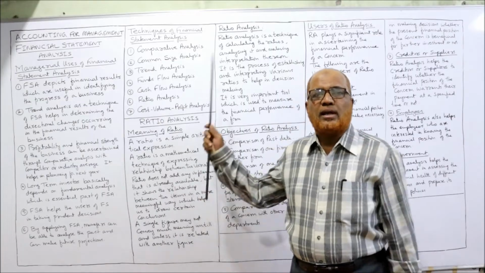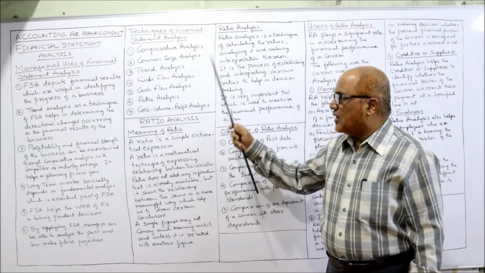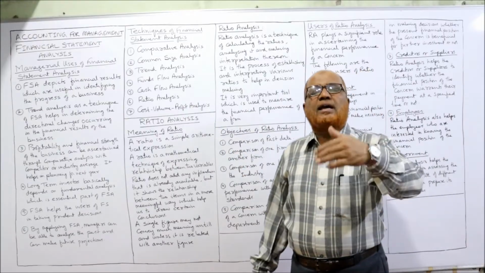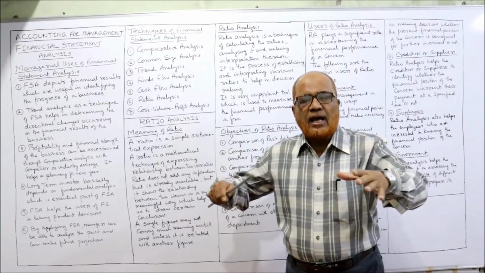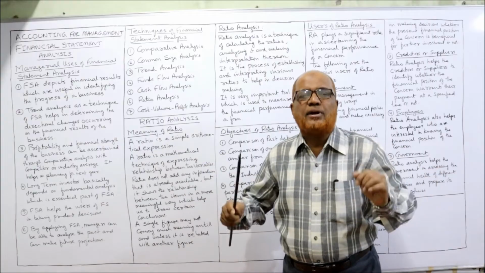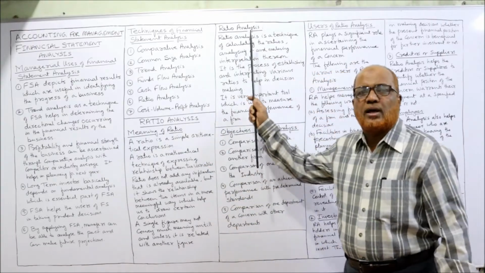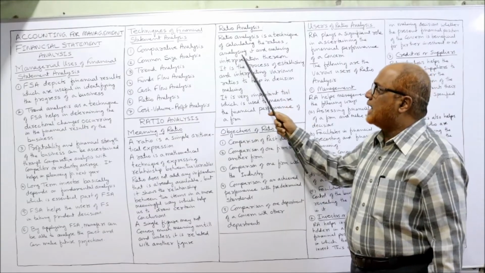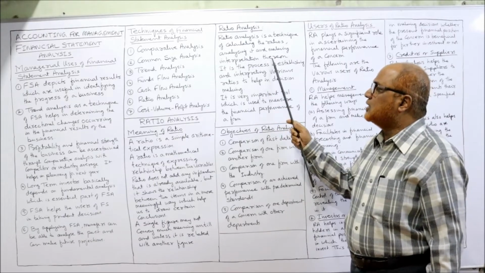That is called ratio analysis. So ratio calculation is only a part of ratio analysis. Ratio analysis is a technique for calculating the ratios, analyzing them and making interpretation thereof.